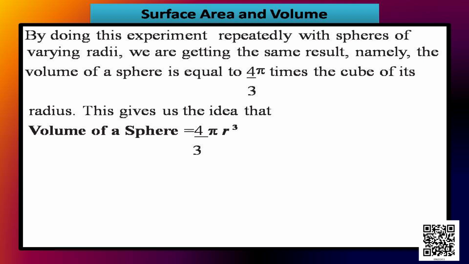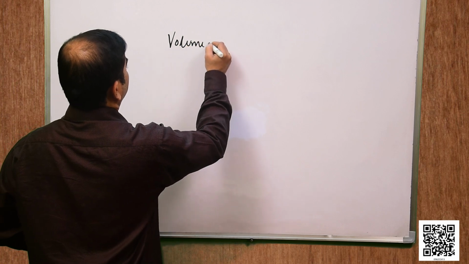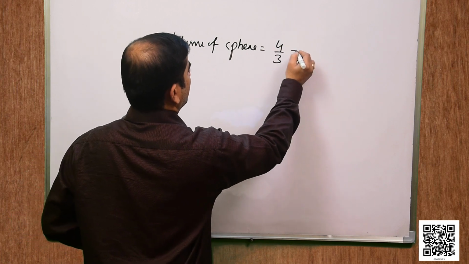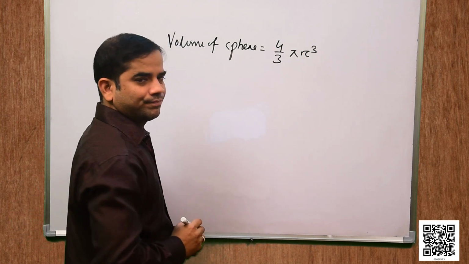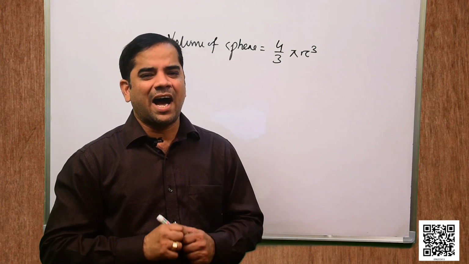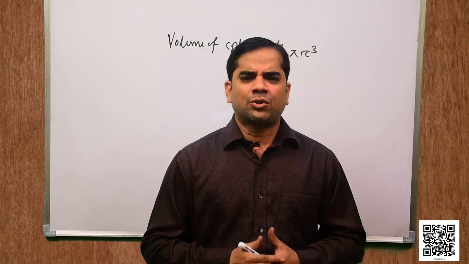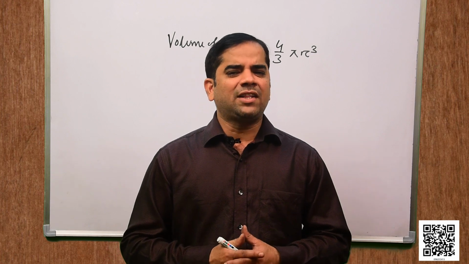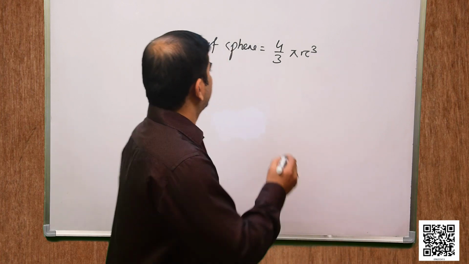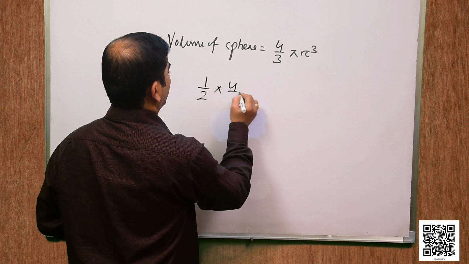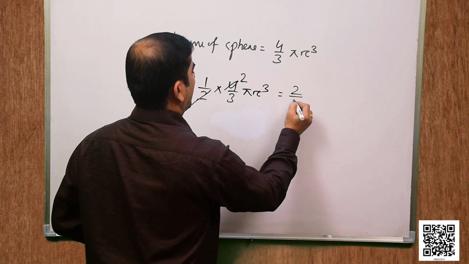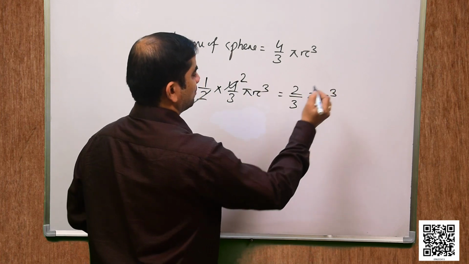So, this gives us the idea that volume of sphere is equal to 4 by 3 pi r cube. And in this case, r is the radius of the sphere. Students, as a hemisphere is half of a sphere, we can find the volume of a hemisphere as half of that of the sphere, that is equal to 2 by 3 pi r cube.